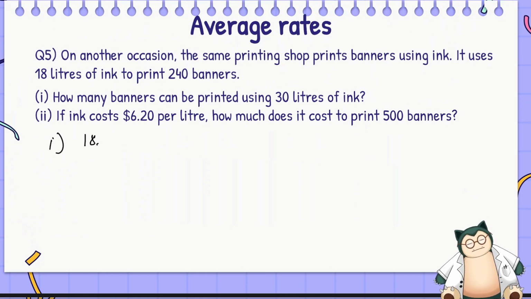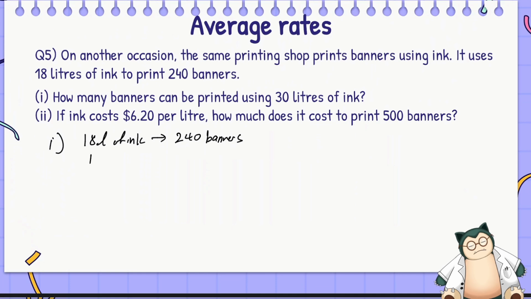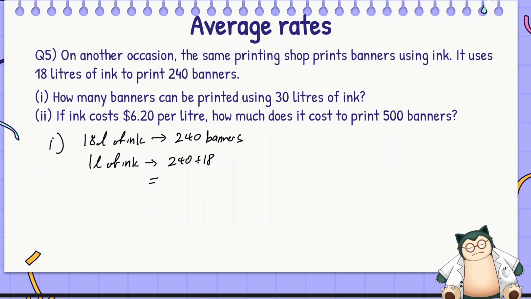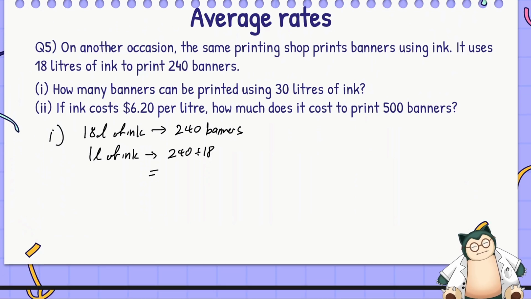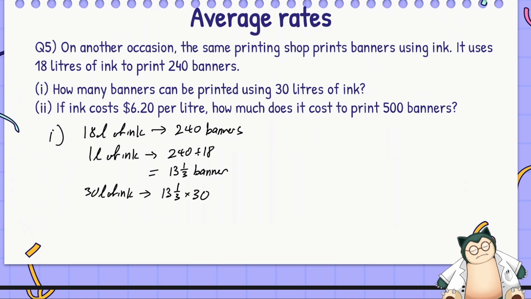We know that 18 liters of ink can print 240 banners. 1 liter of ink is 240 divided by 18, which gives us 13 1/3 banners. Then 30 liters of ink would be 13 1/3 multiplied by 30, which gives us 400 banners.